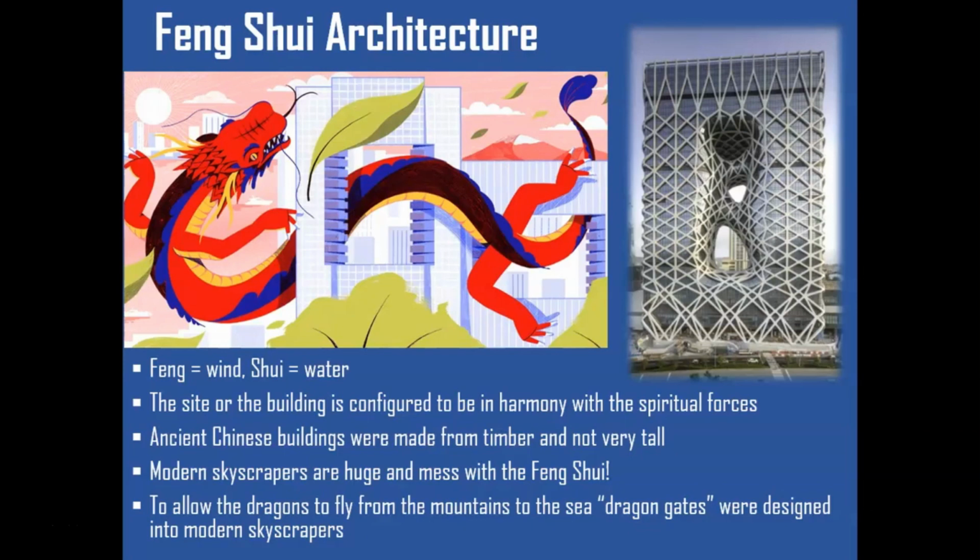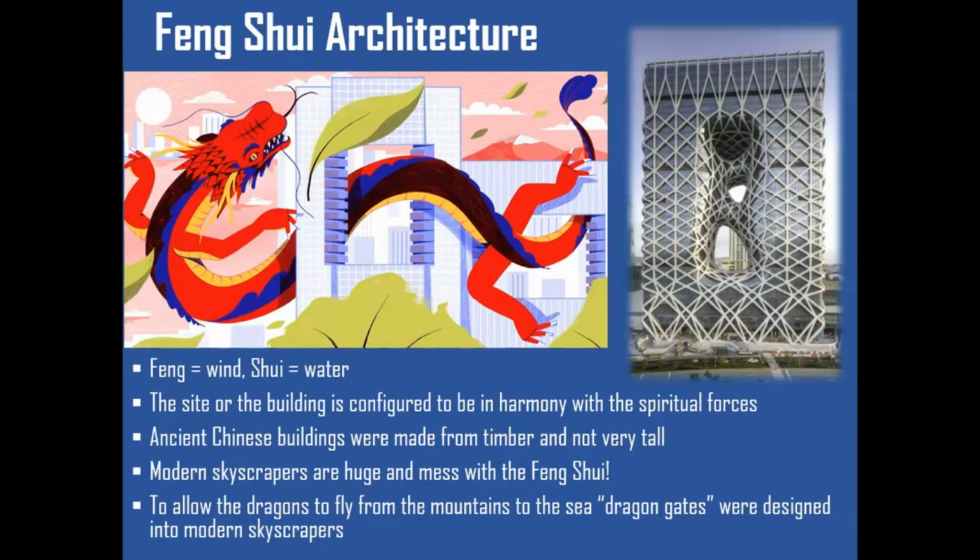In feng shui, the site or the building is configured to be in harmony with the spiritual forces. Ancient Chinese buildings were generally not that tall, and so as skyscrapers came to be in more modern times, that kind of threw off the feng shui.